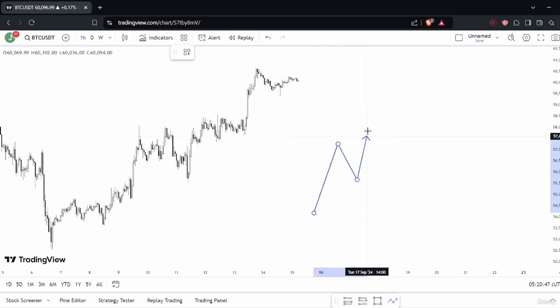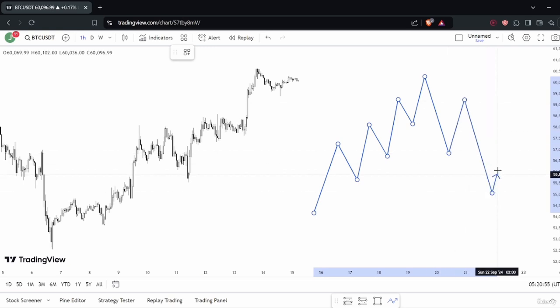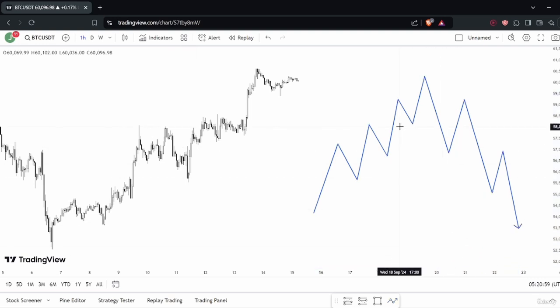Now let's talk about a change in structure. Change in structure will look like this, okay? A change in structure will be: we break the previous low of the bullish structure, then we retrace to a premium.